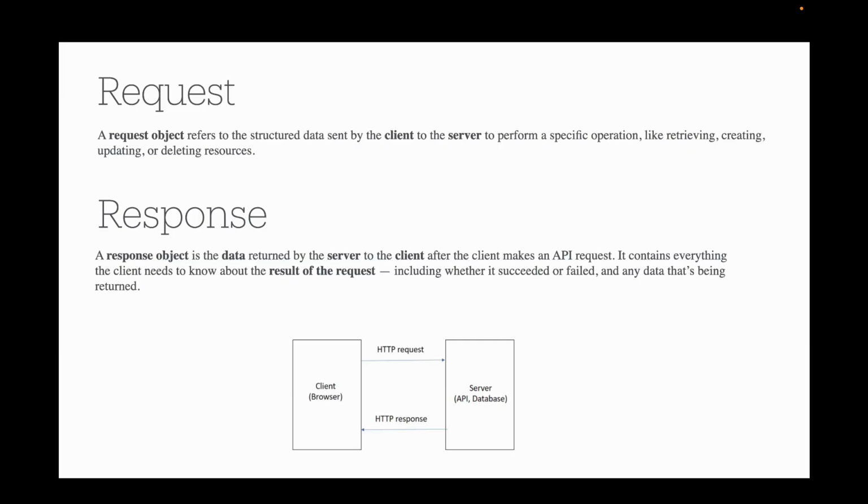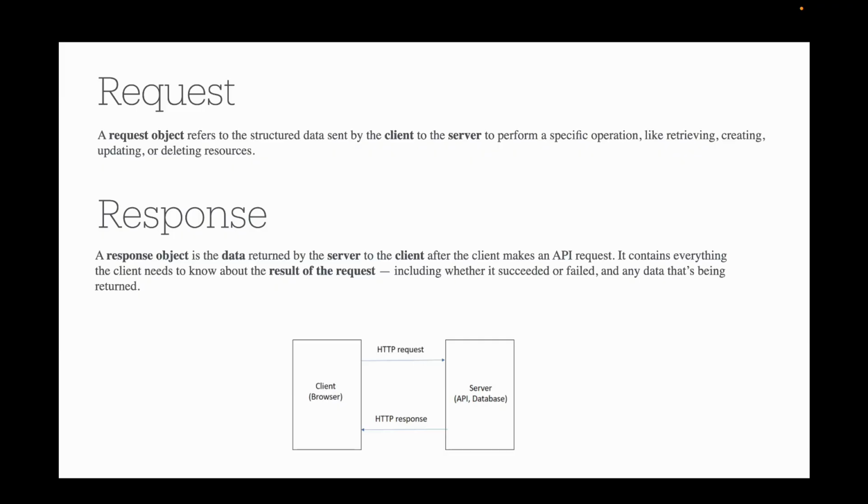Okay, so let's say I am the client and I called the server and I asked the server to retrieve the incident details. So I will send a request object to the server and the server will return me a response object.